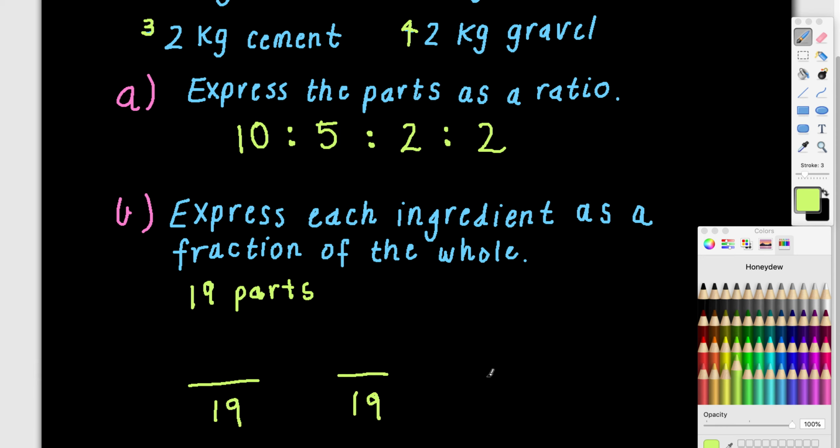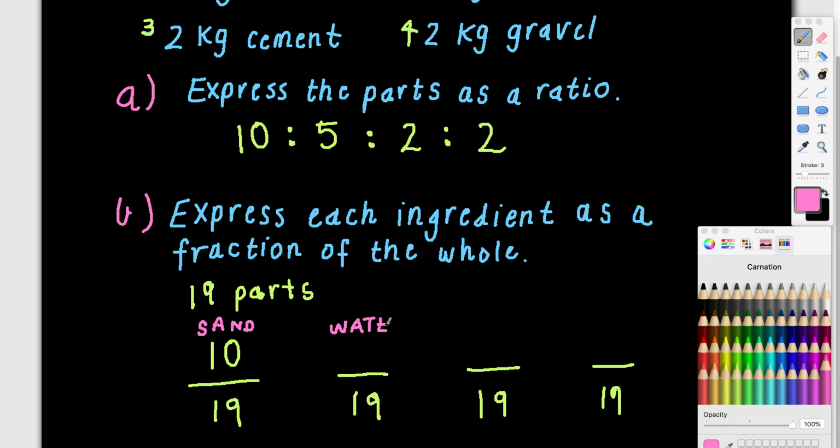So since there are 4 ingredients, I'm just going to put 4 fractions. And if I do it in the same order, first was sand. So if you have a look here, I had 10 parts was sand. I might just label it above. Second was the water.